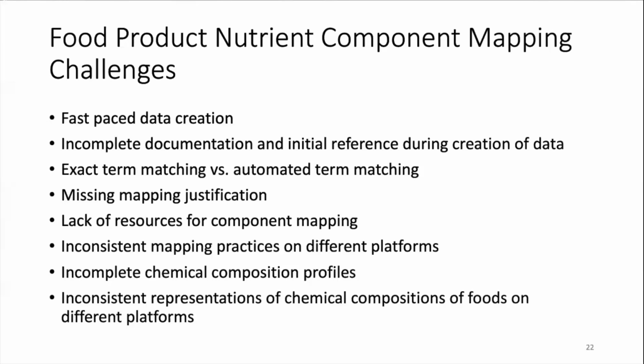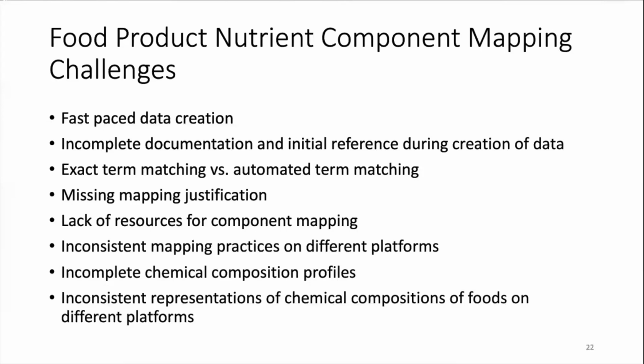We are definitely lacking in computer science methods and tools, which I would call collectively resources for component mappings, which then leads to inconsistent mapping practices on different platforms. One mapping that's available or justified in one site is not available on another site.